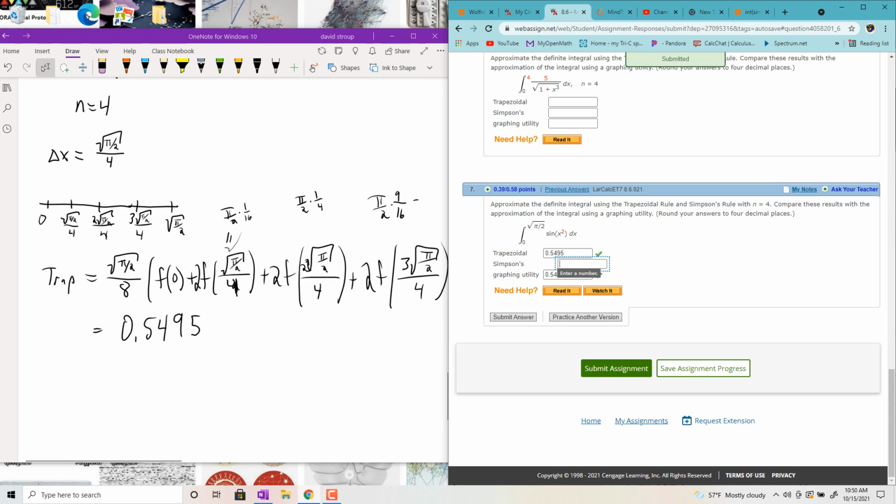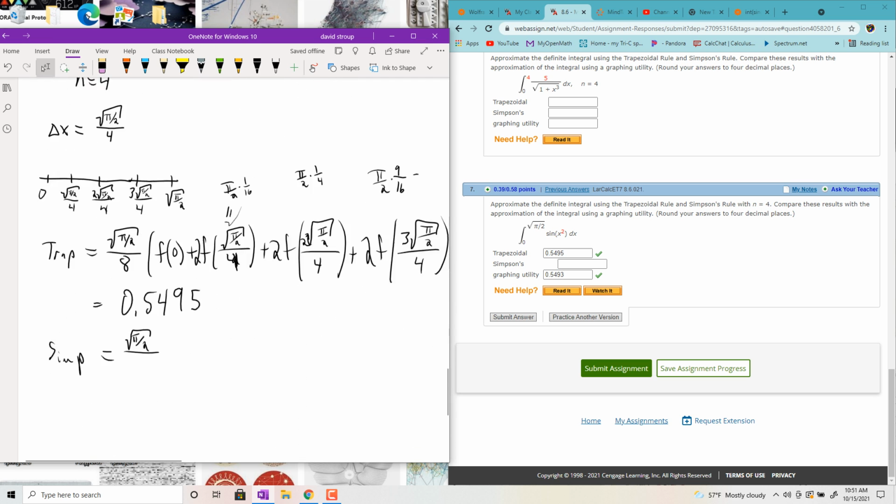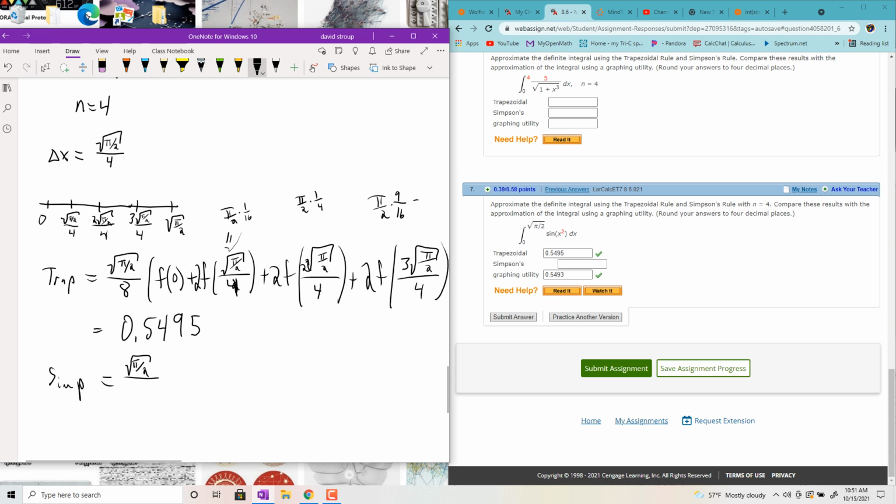I think for Simpson's you can just replace the coefficients. So it's basically the same thing. Before, for trapezoids, the denominator is times 2. Now the denominator is times 3, so this will be a 12. But you can just edit what you already have by changing the coefficients.